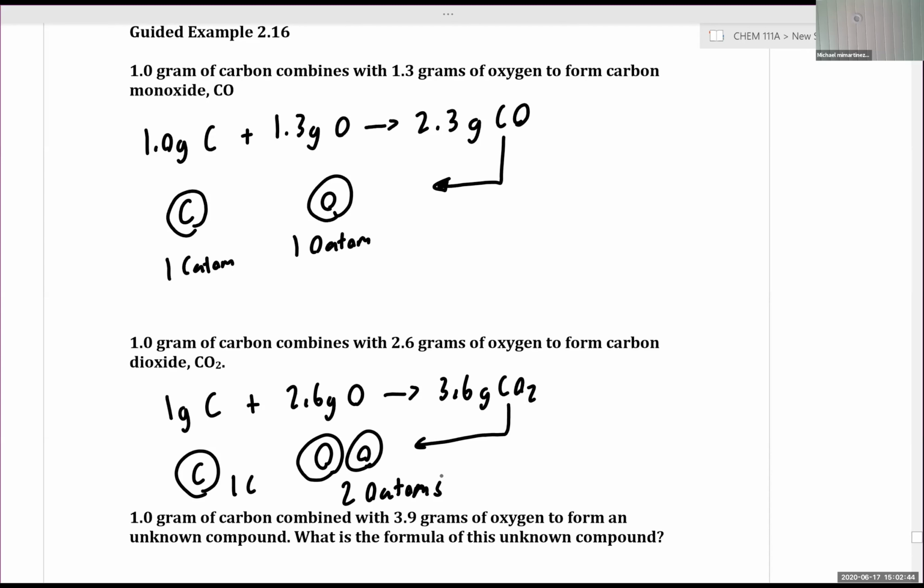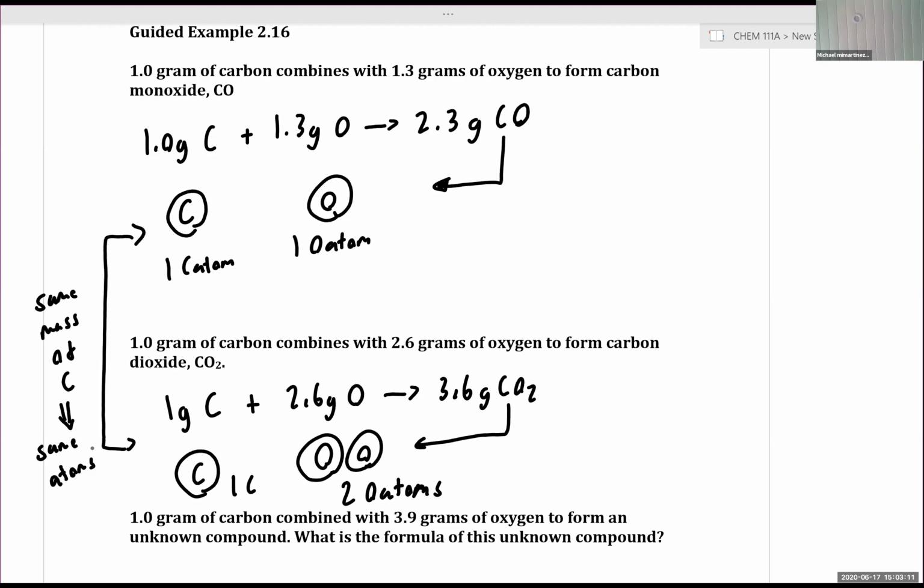So then we can clearly see that carbon is fixed, so we have the same mass of carbon, ergo we have the same atoms, right? 1 gram, 1 gram, 1 carbon atom, 1 carbon atom.